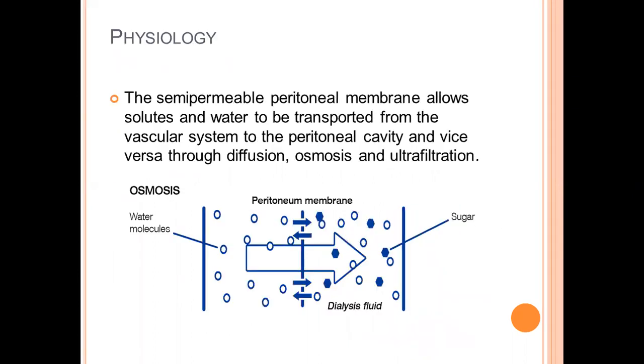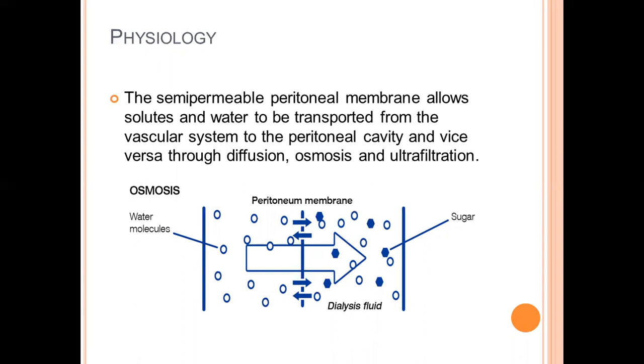Physiology. The semipermeable peritoneal membrane allows solute and water to be transported from the vascular system to the peritoneal cavity and vice versa through diffusion, osmosis, and ultrafiltration. Diffusion is the process in which solutes move from the area of higher concentration to the area of lower concentration.